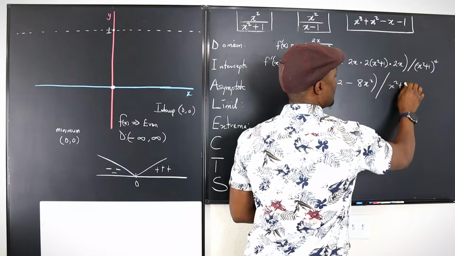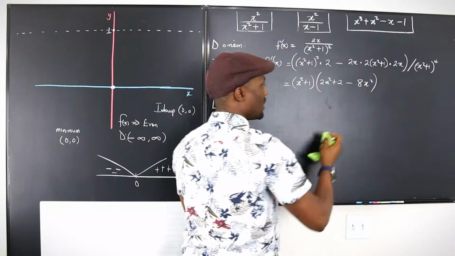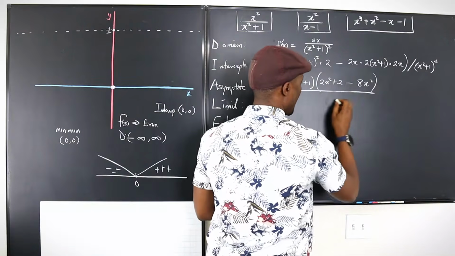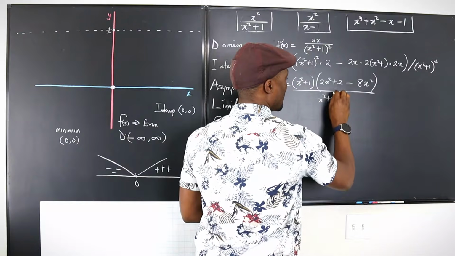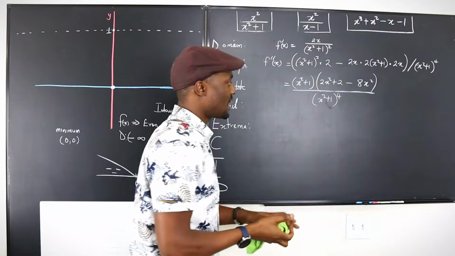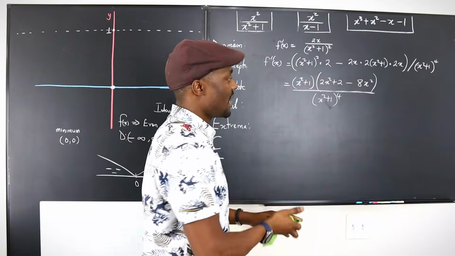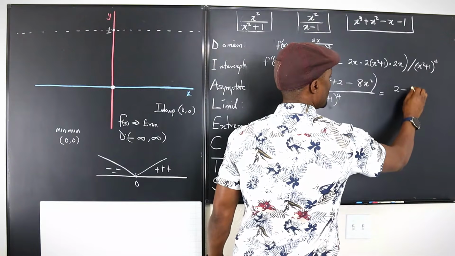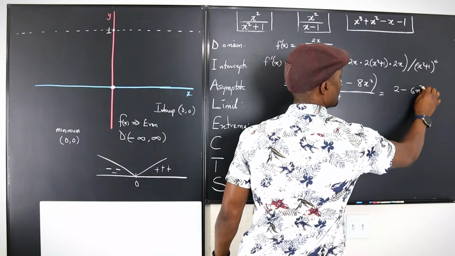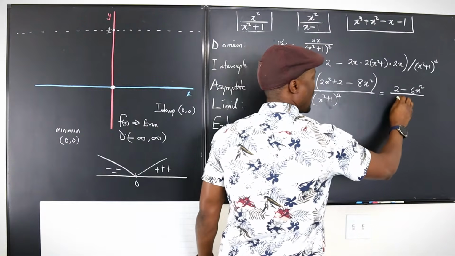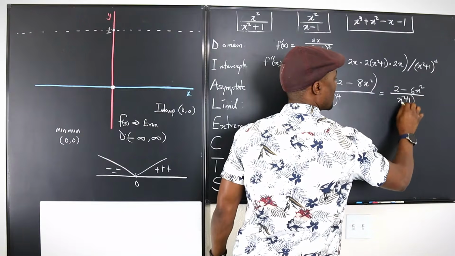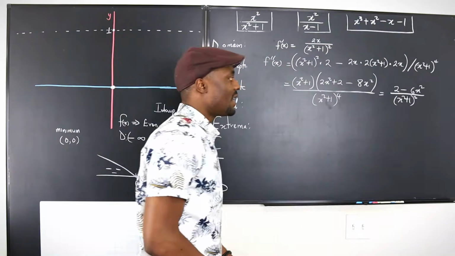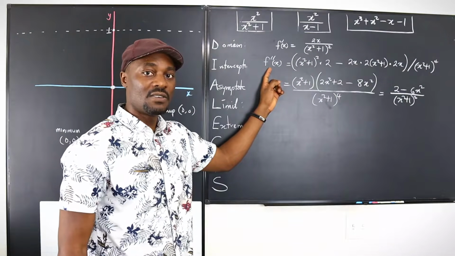(x squared plus 1). Now let me write it this way. So it will be divided by (x squared plus 1) to the 4th. As you can see, this will take out one of these, and when we simplify what's inside, your answer is going to be (2 minus 6x squared) over (x squared plus 1) cubed. So that's what you get for your second derivative.